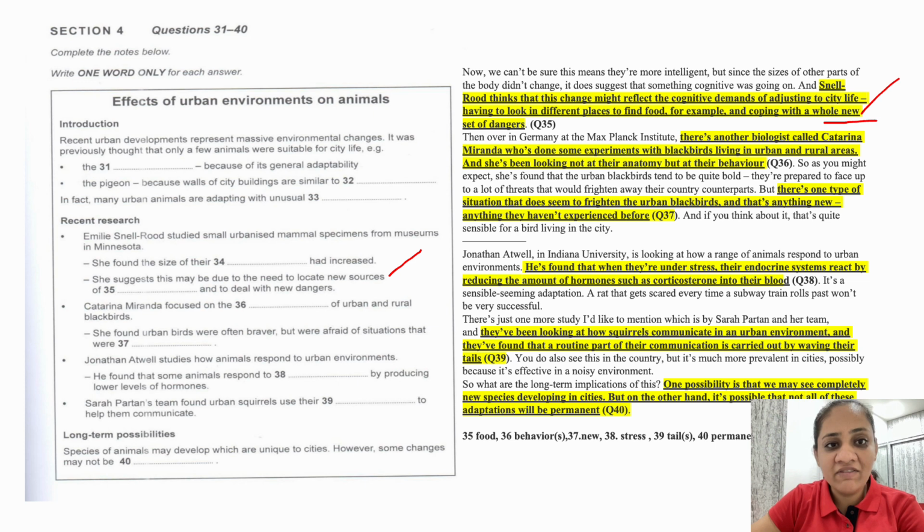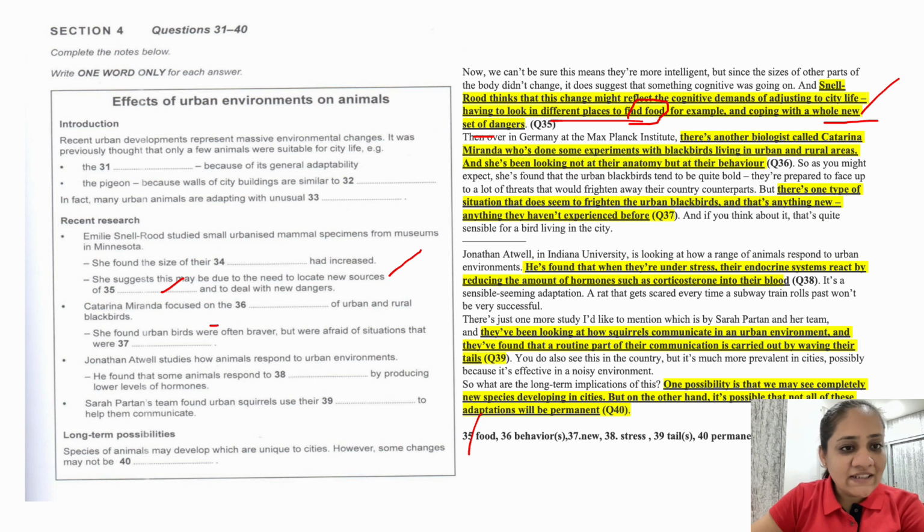So for 35, our answer is food, because to locate new resources is equal to look in different places, and deal with the new dangers is directly given. So the answer is food.